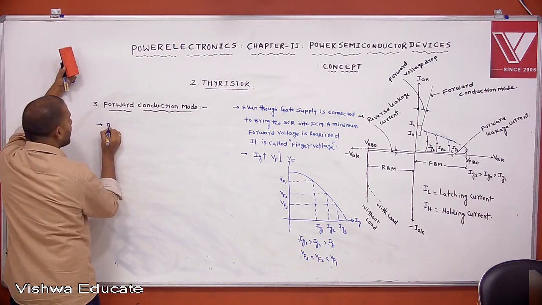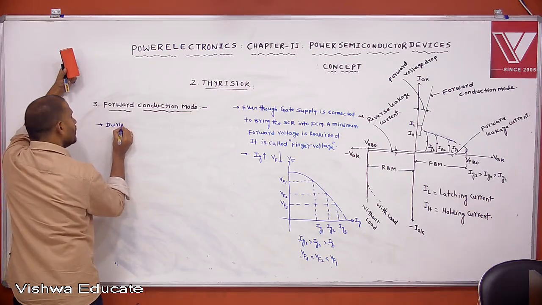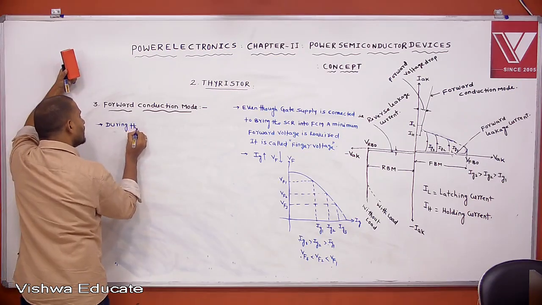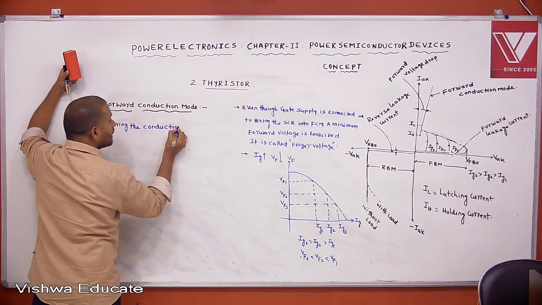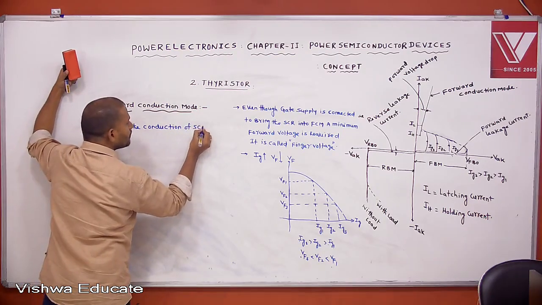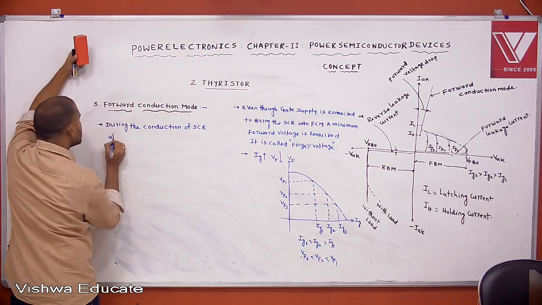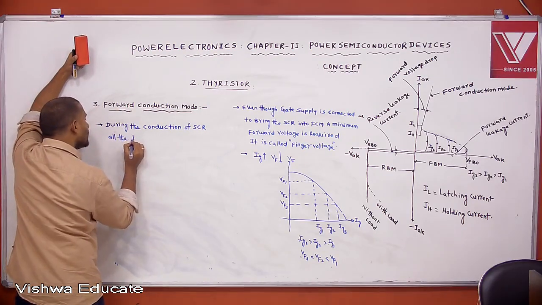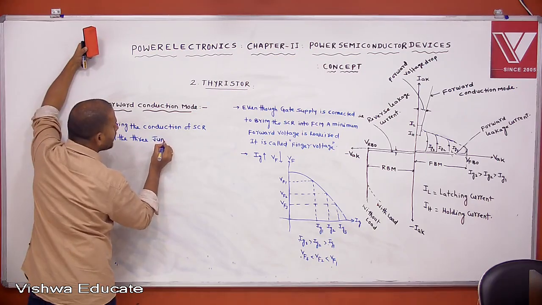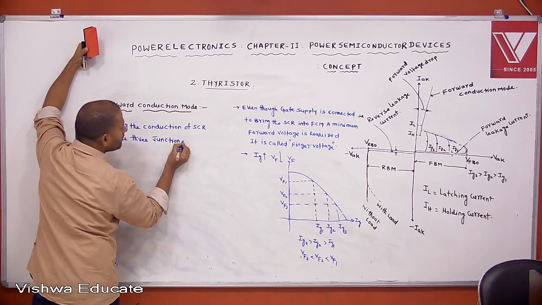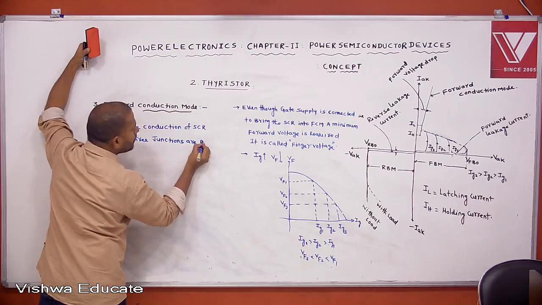Important point, already framed in competitive exams. All the three junctions are forward biased.